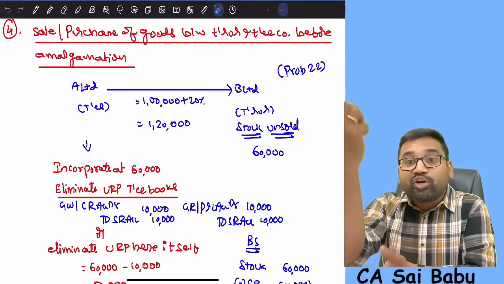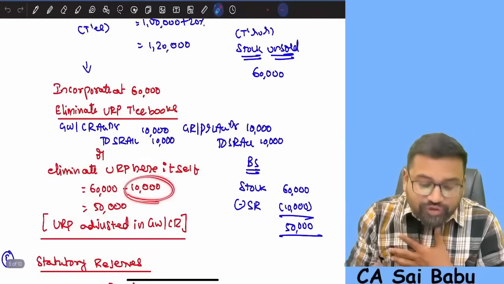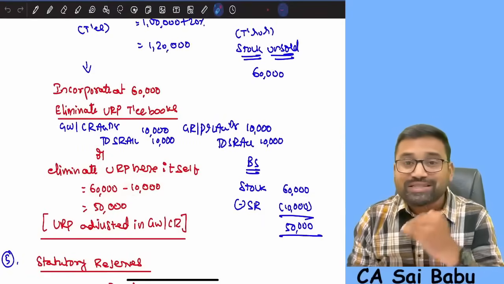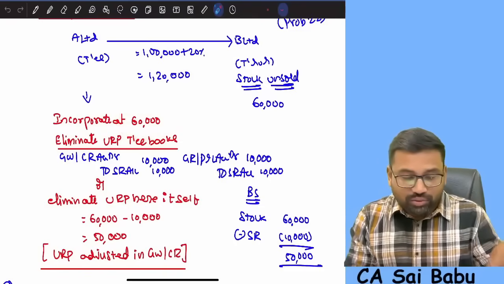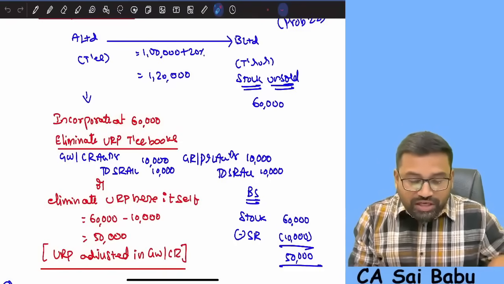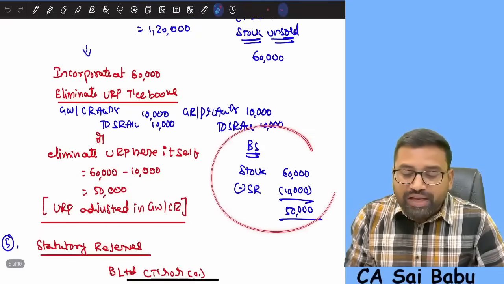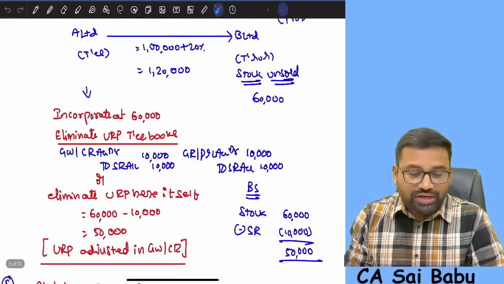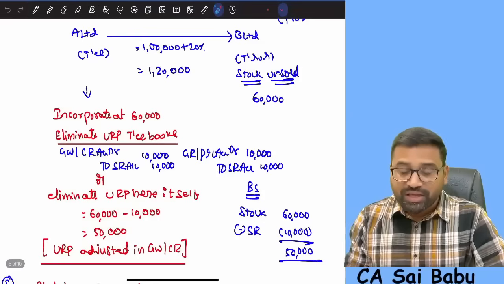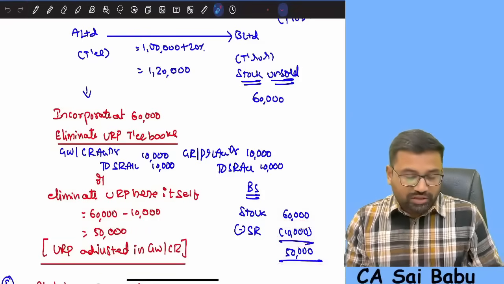Therefore, when we take over the stock of the transferor company, at the time of takeover itself, if you eliminate it, no need to write a separate elimination entry. Suppose you incorporate the stock at original value, I mean 60,000, then you write a separate entry to eliminate the unrealized profit. And also when you are preparing the balance sheet after amalgamation, you take the stock of the transferee as well as the transferor company. So transferor company stock 60, URP 10, take 50,000 only.